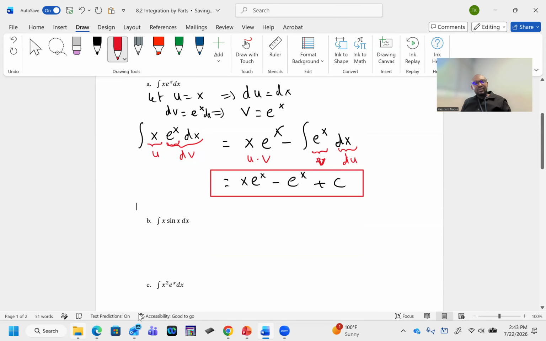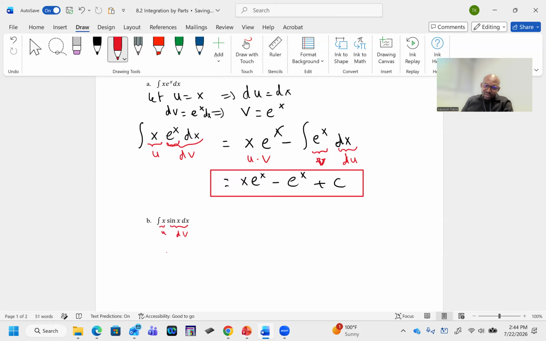Okay. Next, same thing. We are asked to evaluate x times sine x dx. So again, I would say this is my u and this is dv, right?